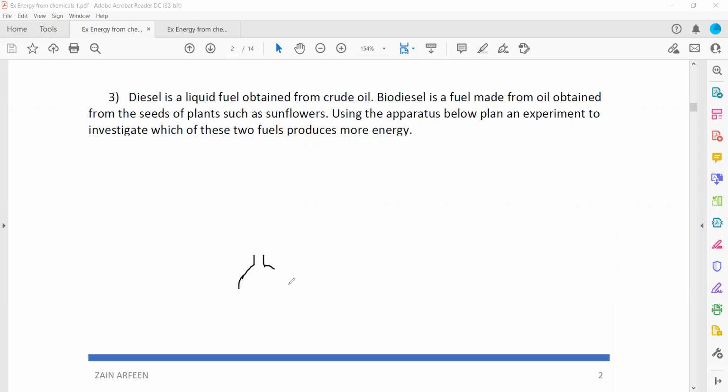We'll take the spirit burner, and it will be filled with an equal amount of diesel. One is containing diesel, another one is biodiesel. Biodiesel is basically a diesel obtained from plant seeds.